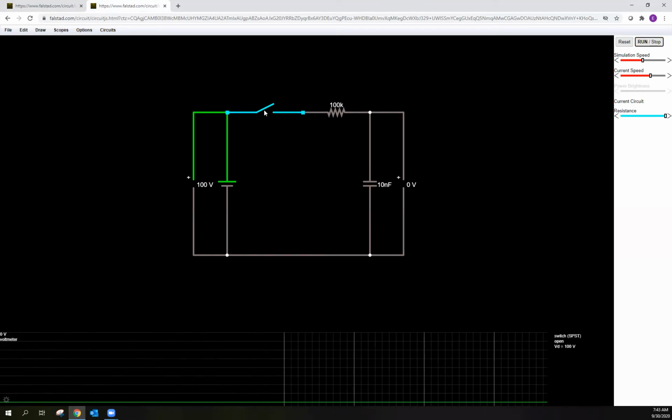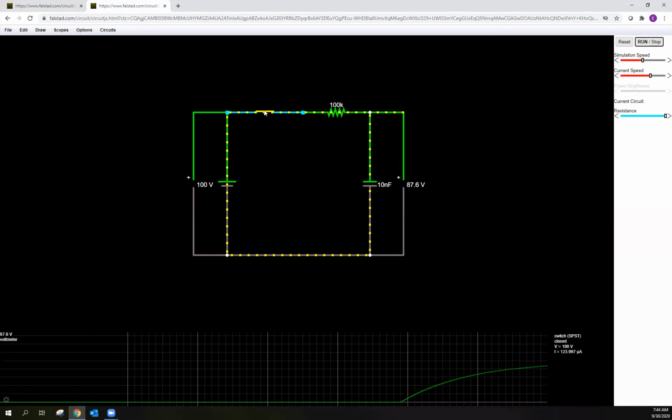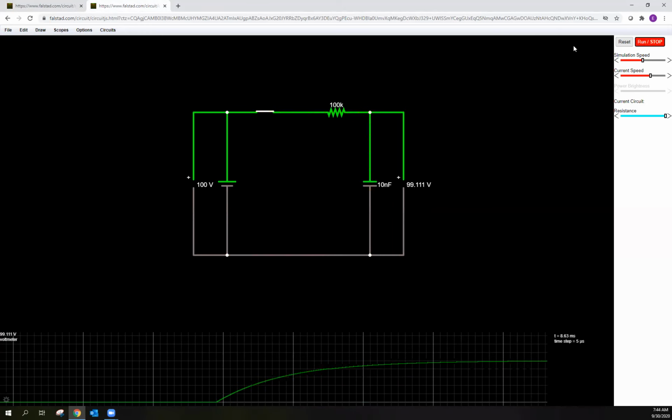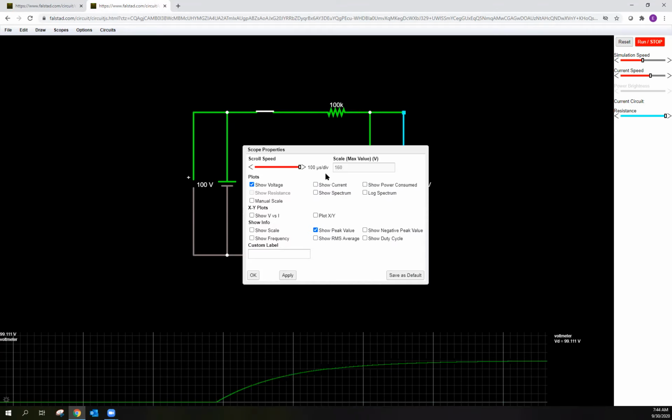If I click this over, notice we get that nice result, and I'm going to stop it right there. Okay. So you can see the voltage in this capacitor rose from 0 to 100 volts, and it took some time to do so.